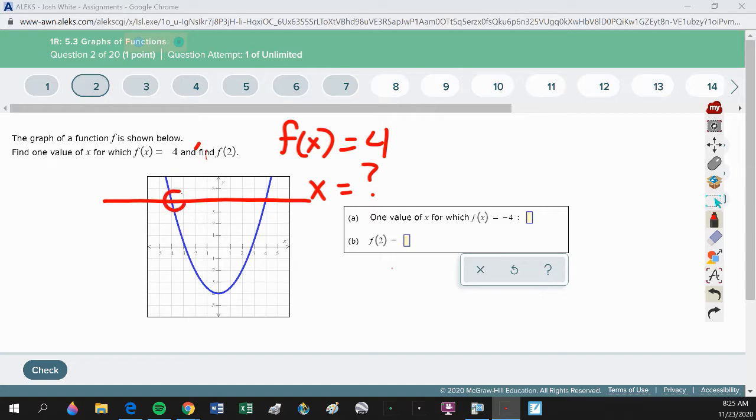Well, it could either be -4 or +4. Do you see how that has two answers? So if I ask this question, there are two correct solutions for that. 4 and -4, and sometimes that happens. Yep, you got to put both of them.